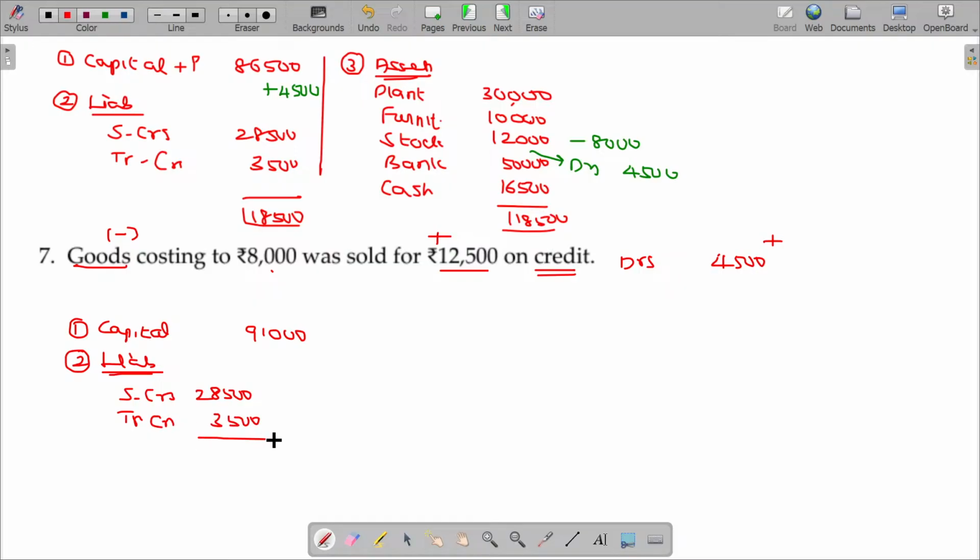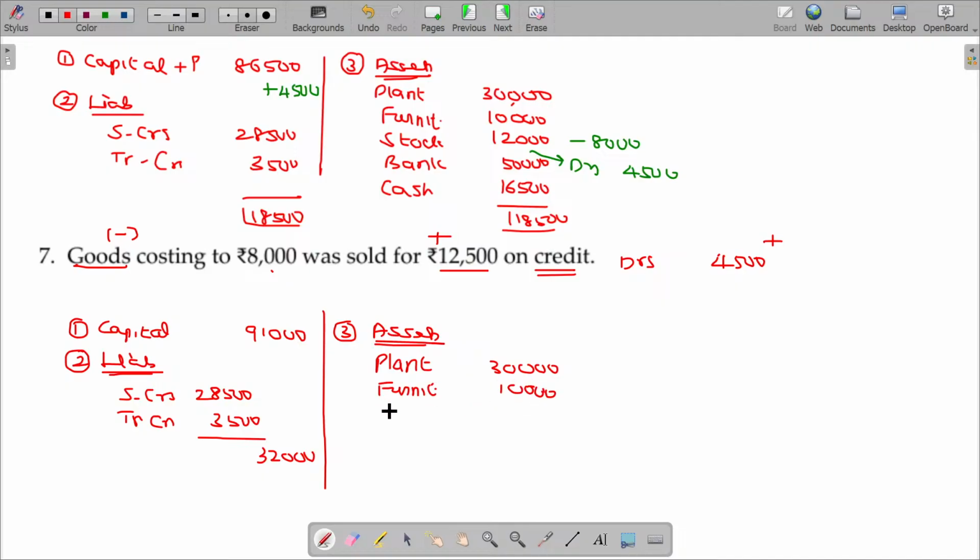Total of liabilities being 32,000. And in the case of the asset side, as per the permanence basis, plant remains permanently for a longer period, so I post that value at the very first, 30,000. Furniture will also be kept with us for a longer period.